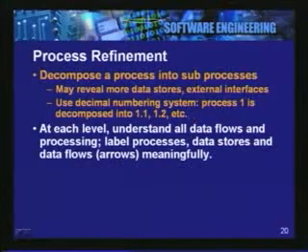At each level of decomposition, we should complete the data flow diagram in all respects. We must clearly understand the data which is flowing. So we must know what exactly goes from one process to another process, or what goes from one data store to a process. These must be properly labeled. We must also label processes very meaningfully.